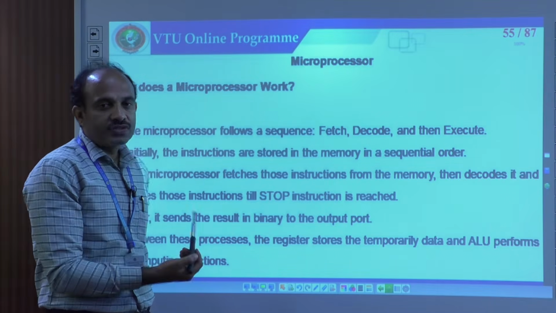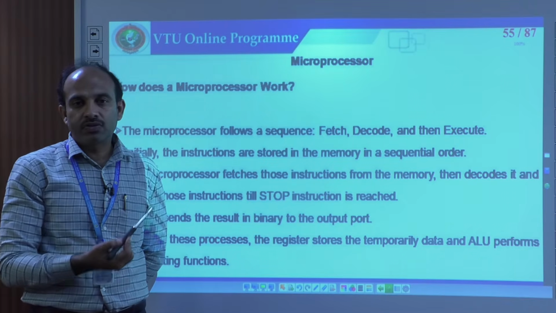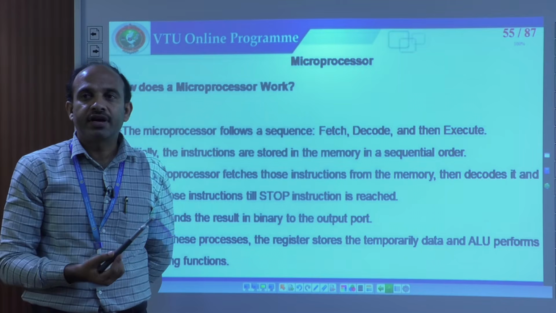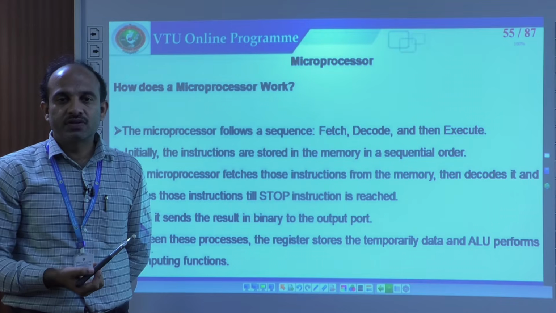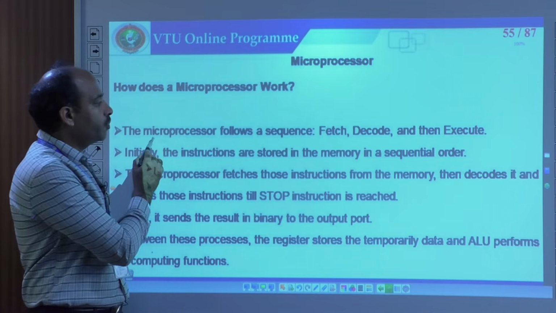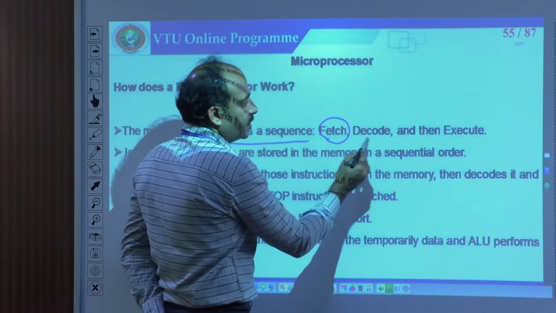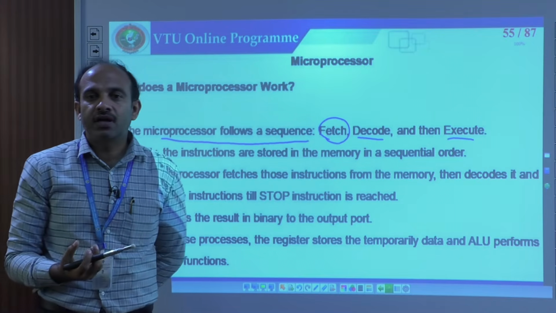Now we will try to understand through this. We have seen the block diagram and also the major components which the microprocessor consists of. Now we will try to understand how exactly the microprocessor works. Basically, the microprocessor follows this sequence: fetch, decode, and then execute.